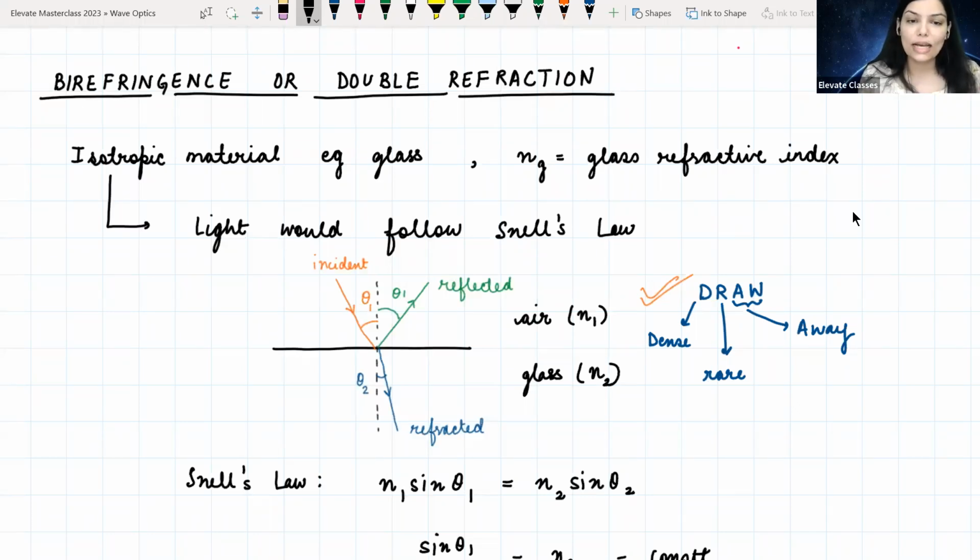Specifically, I might have some material which has different refractive indices in different directions. Then Snell's law would not be directly applicable, because now it would depend on at what angle the light is falling, what path the light is taking inside the material, and depending on that path, the refractive index it would experience would change.